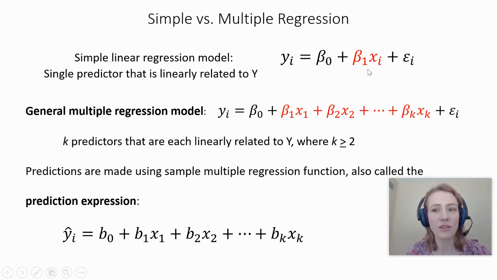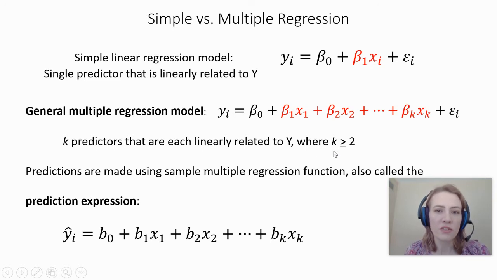Now, instead of a single slope times a single x, we've got multiple beta coefficients. So beta 1, beta 2, as many variables as we have that we want to use as predictors. Each one of them would be multiplied by the value of that particular predictor, whether it's age and weight and sex or whatever it is.